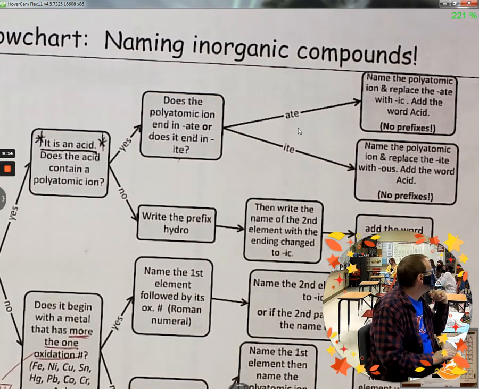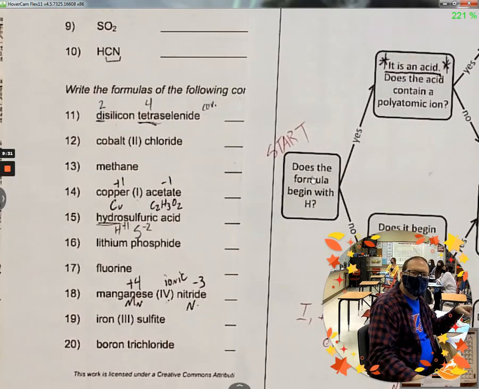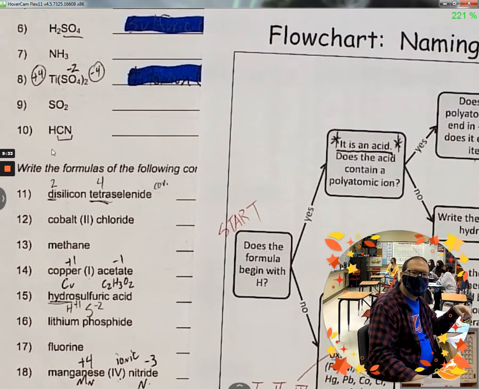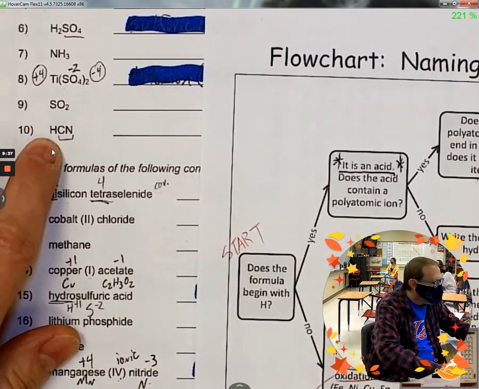So that kind of breaks this. This is going to be one of those situations where we're going to have to fudge the rules just a little bit to make it fit. But let's put a pin in that for a minute. Let's go back and try to just name it as an ionic compound. The first one is going to be hydrogen.